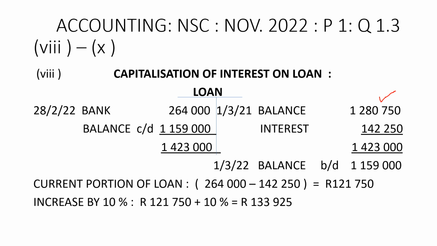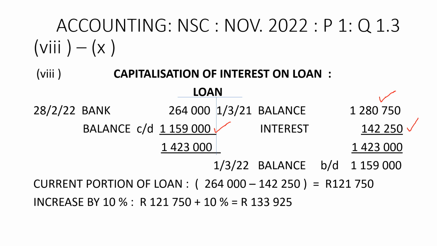The interest, which we can record immediately, remember the double entry for interest on loan is debit interest on loan and credit loan. Right, and then the closing balance for the loan account is given as 1,159,000 Rand.